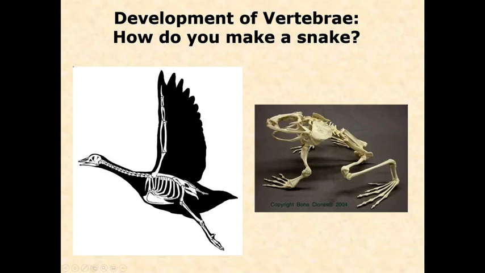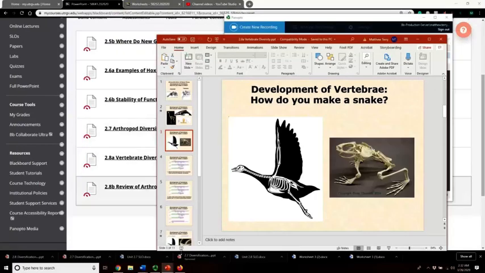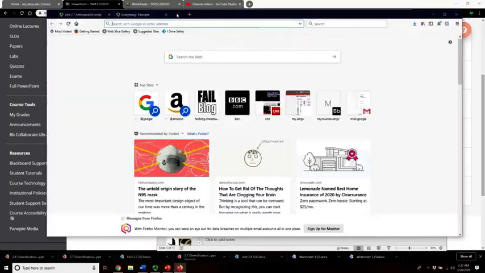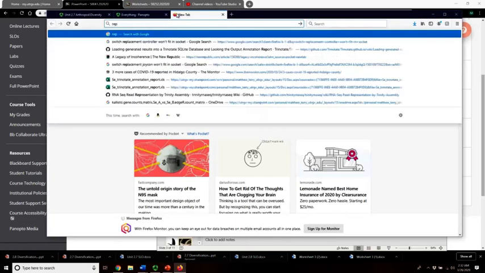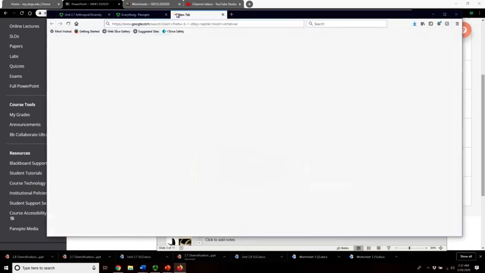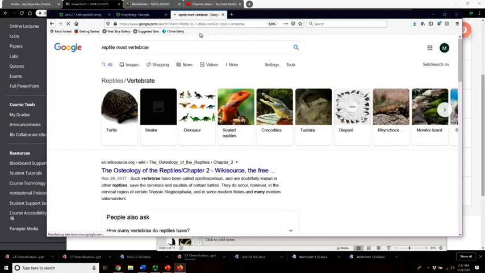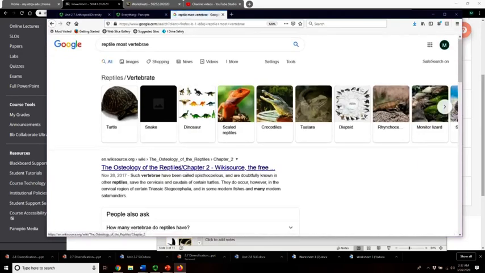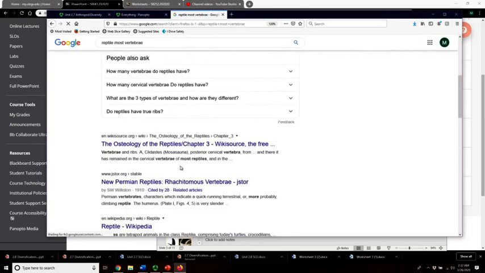I want to make, actually I don't know. Let's look it up. That's why we have the internet, right? Let's look it up. A reptile with the most vertebrae. Let's see if we can find an answer here. Maybe it's in this osteology of vertebrates.